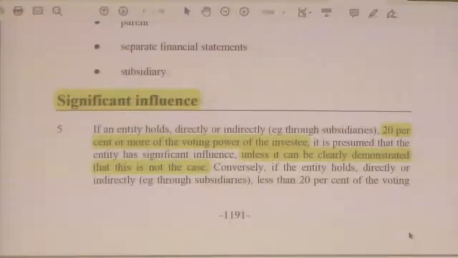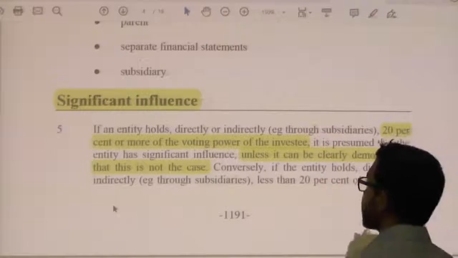I have already shown that slide to you. So here, what is very important word? Significant influence. So associate company means you have significant influence. What do you mean by significant influence? Paragraph 5 you can highlight, because for this standard I am not trying to summarize with the limited time, I am trying to only explain the important elements of the standard, right.